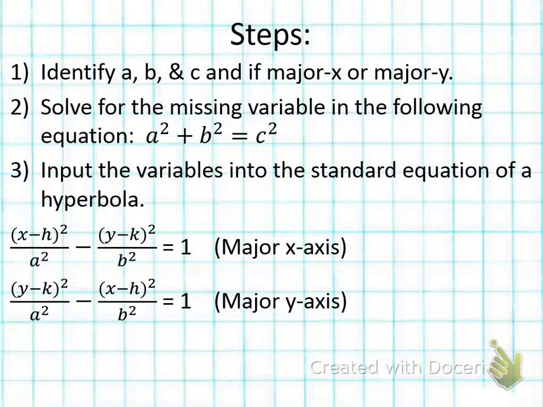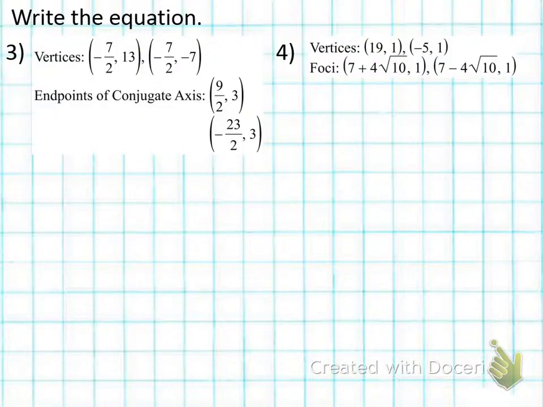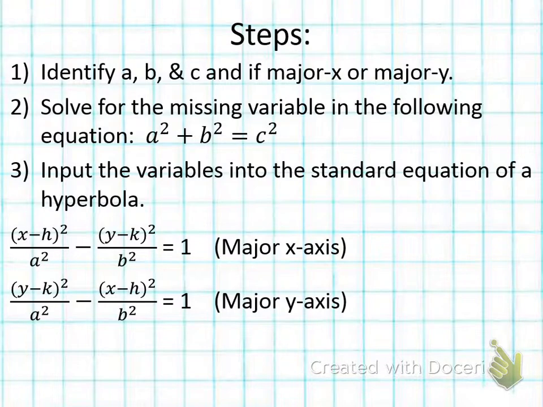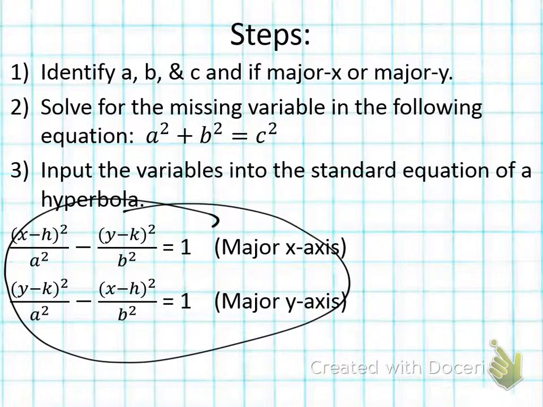Here are the steps for today. The big idea is looking at the final answer, which is going to be either a major x or major y-axis hyperbola. So again, looking at the final equation, is it major x or major y?